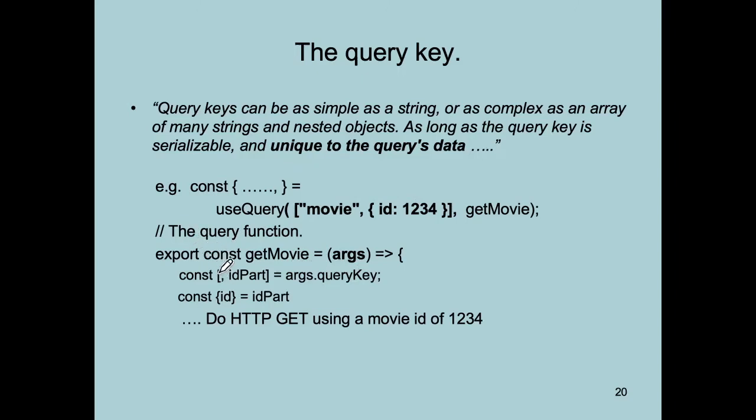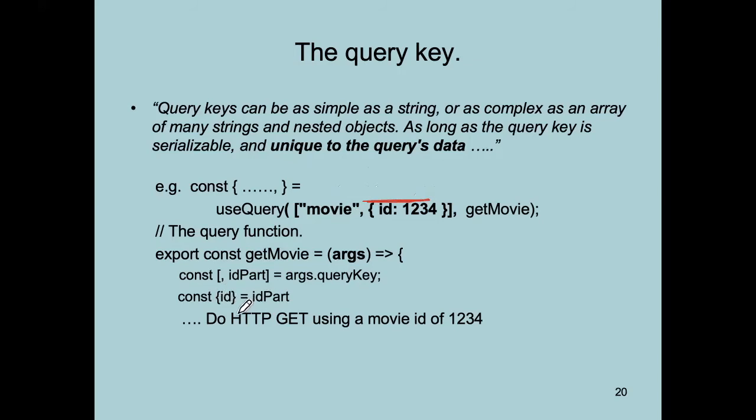I'm saying I don't care about the first part, because the first part is just going to be the string movie. I am interested in the second part though. The second part is going to map to this object here. And I'm doing some further destructuring here in order to get at the movie ID part. Now I have the movie ID 1234 in the case of the example.